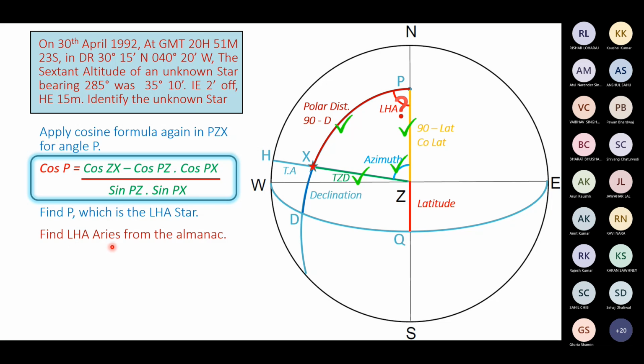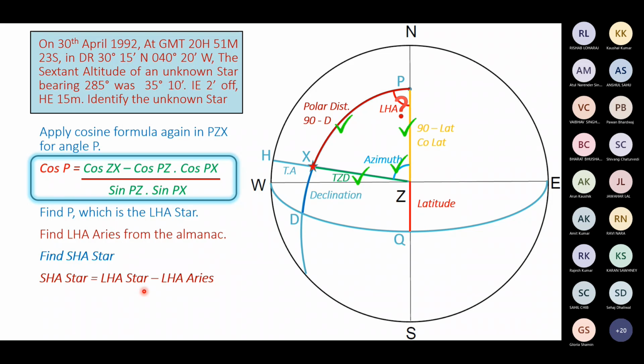So once LHA Aries is calculated, we can now obtain the SHA of the star. SHA is sidereal hour angle. How do we obtain the SHA of the star? Now, SHA of the star is given by the relationship LHA star minus LHA Aries. So we have the LHA star known to us.